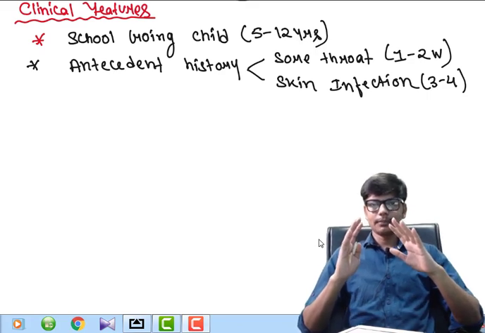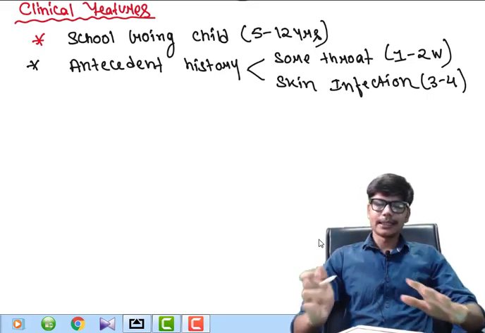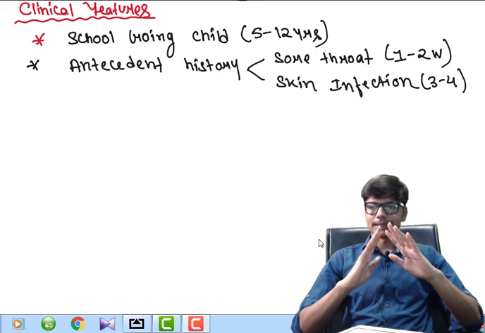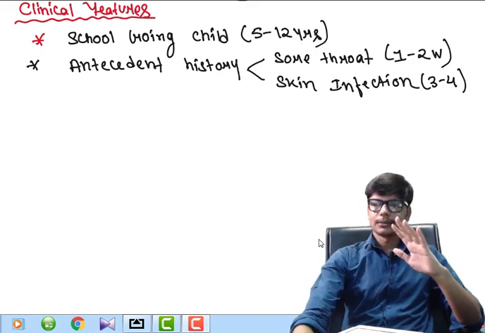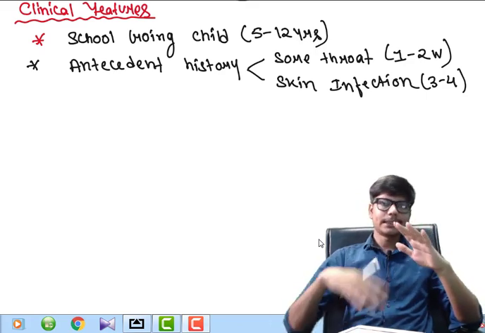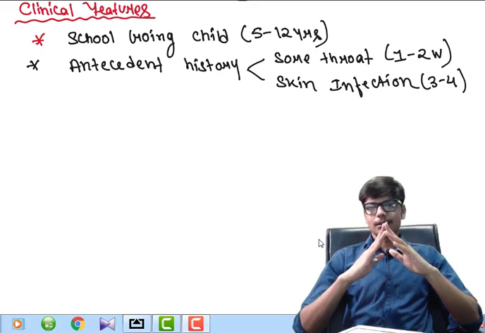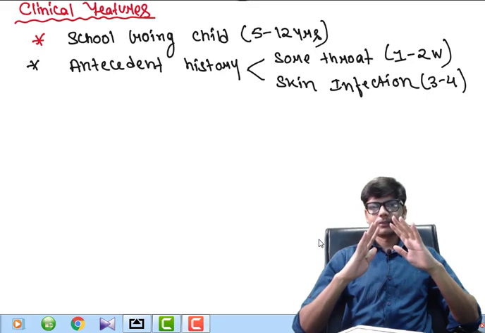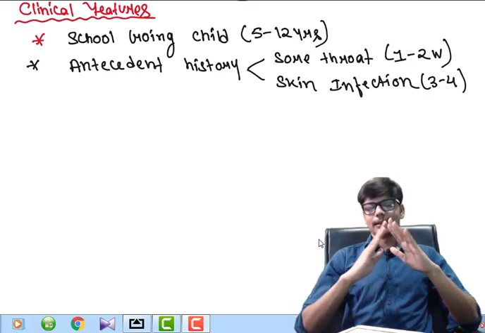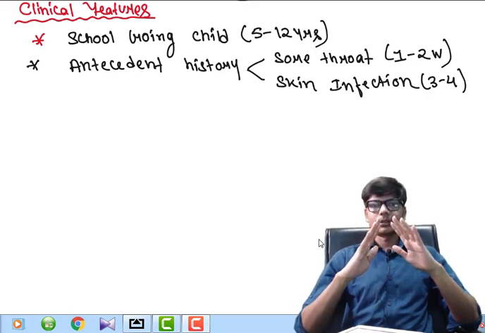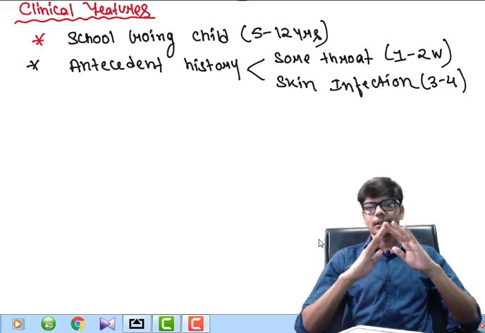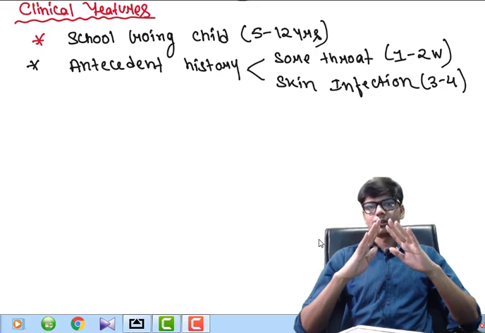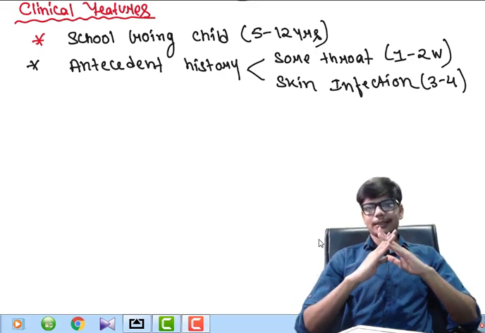After the initial period of gap, there are signs and symptoms of APSGN. Sometimes the antecedent history may be absent. This is not because the sore throat or skin infection has not occurred, but because the patient cannot recall the incident, as it was subclinical or did not require any intervention.